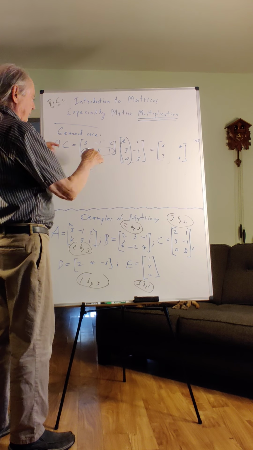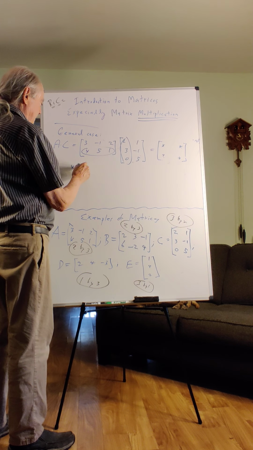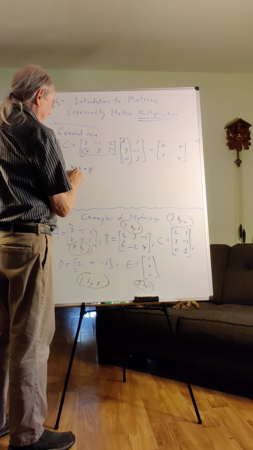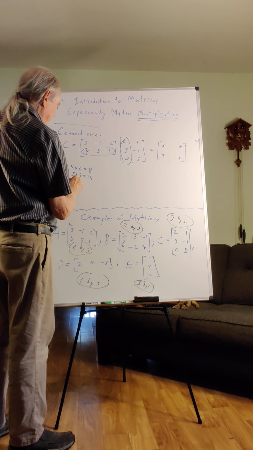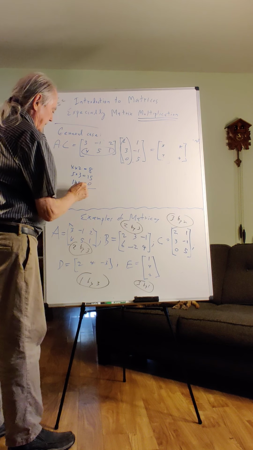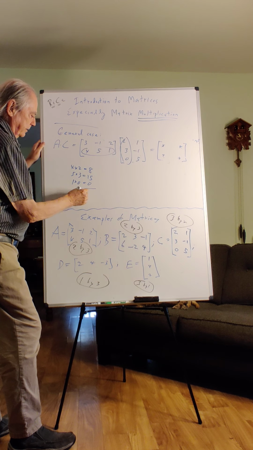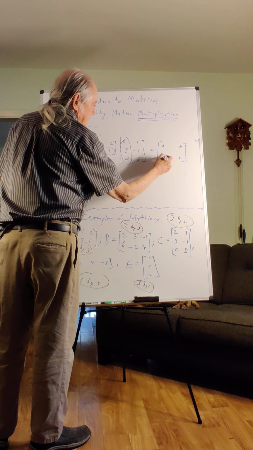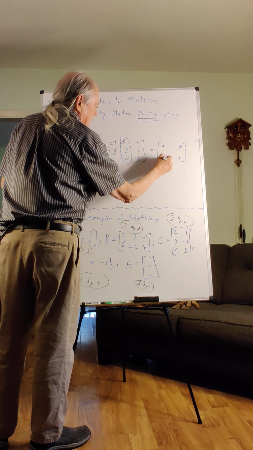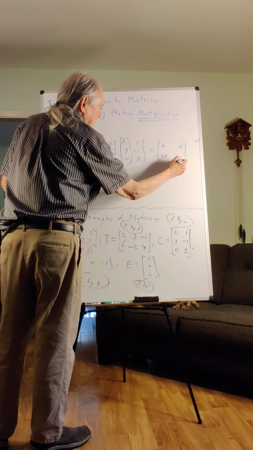What would that be? 4 times 2, 5 times 3, and 1 times 0. And then you add these numbers up, so that would be 23. Now let's do this one.